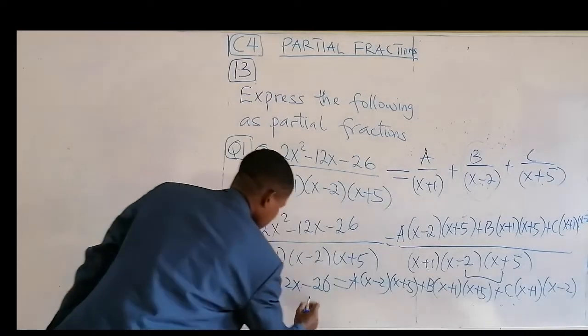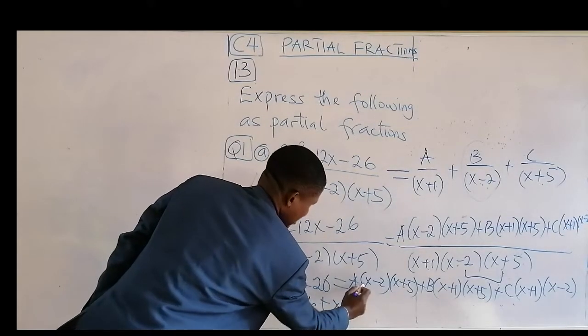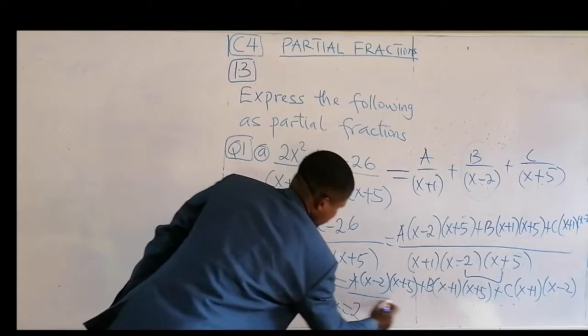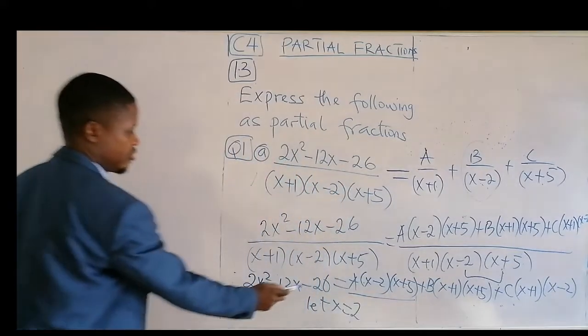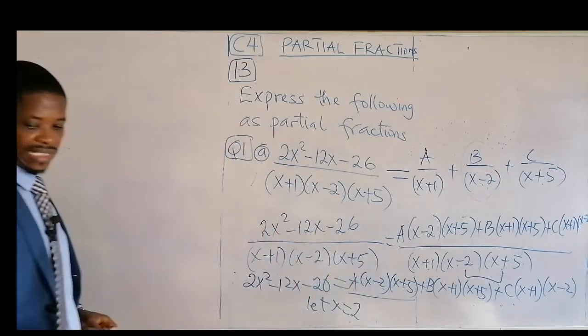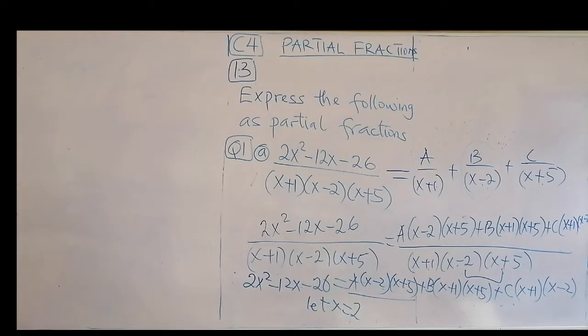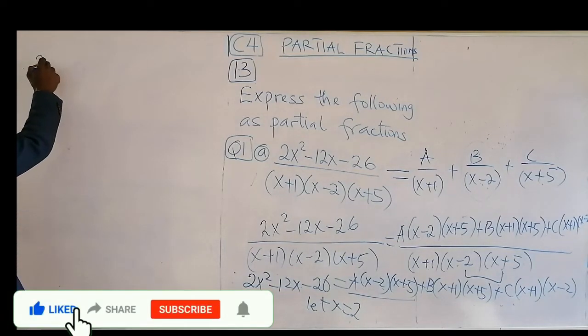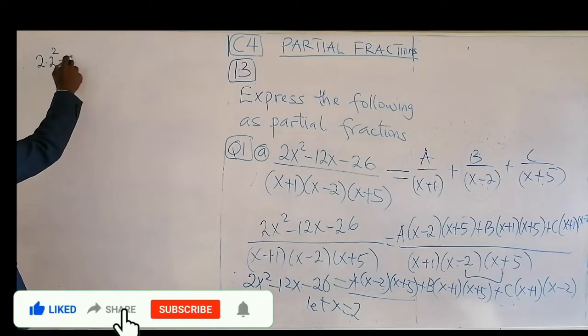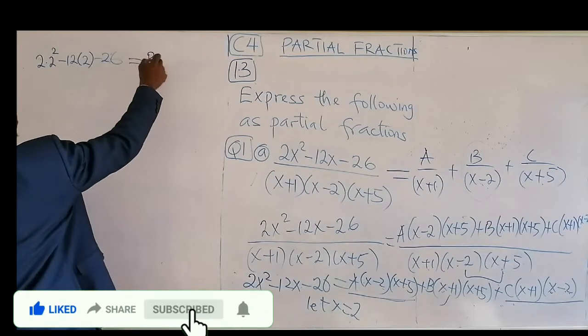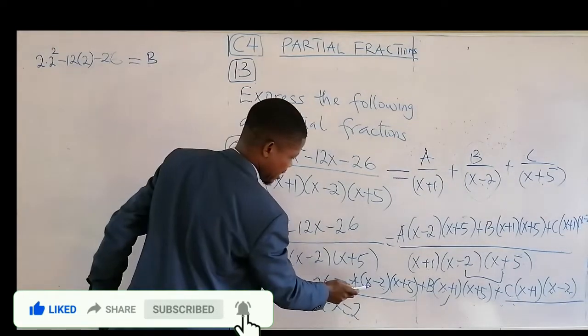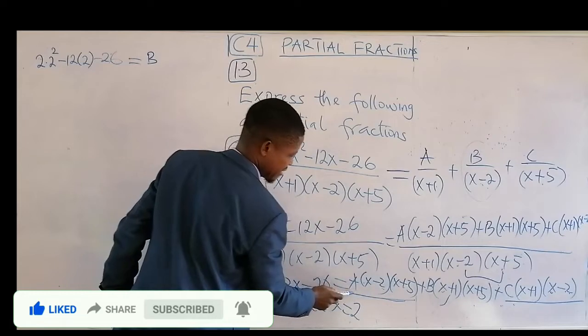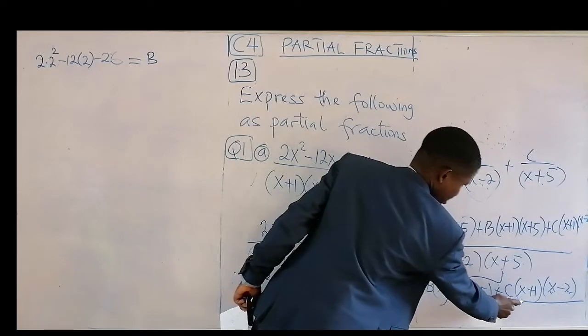So let x be equal to 2, so that this expression will cancel. 2 minus 2, so that part will cancel. So we now have 2 times 2 squared minus 12 times 2. That will be equal to B times, if you substitute 2 here, the expressions will cancel.